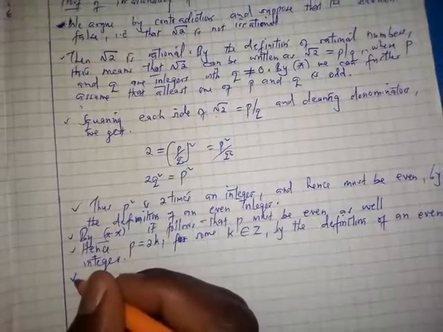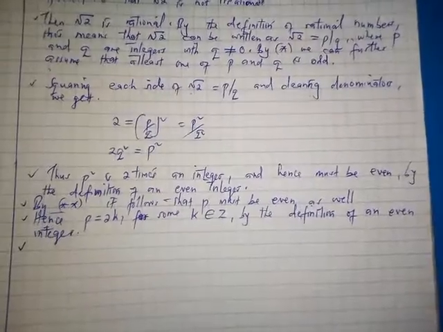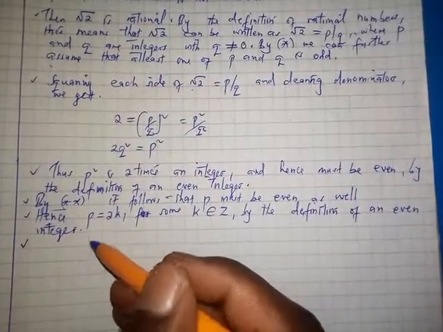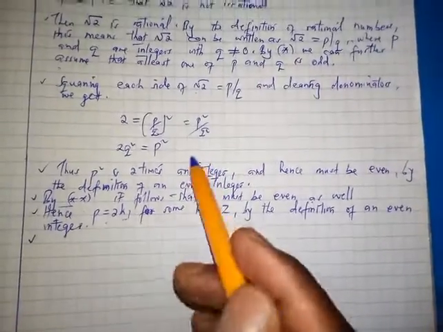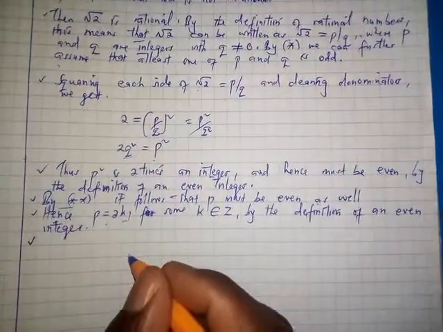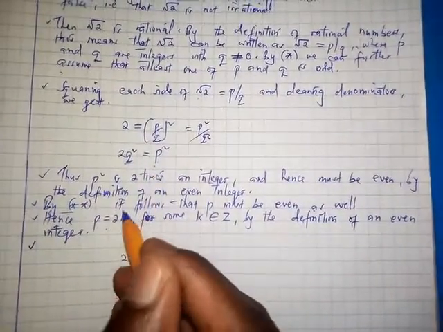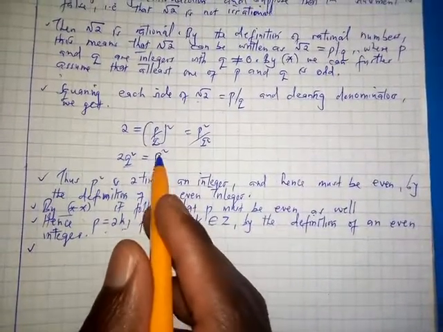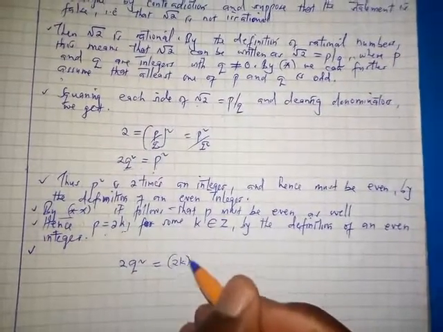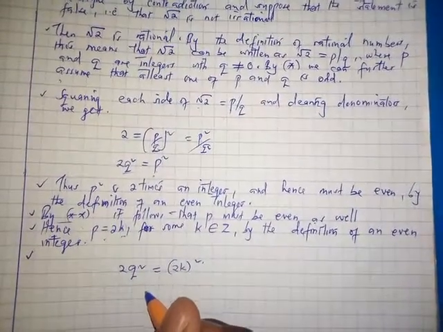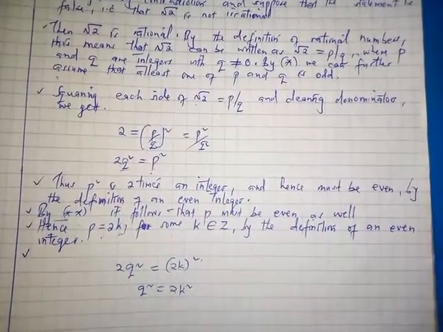Substituting p equal to 2k into 2q squared, where there is p, we replace p with 2k squared, so that we have q squared is equal to 2k squared.